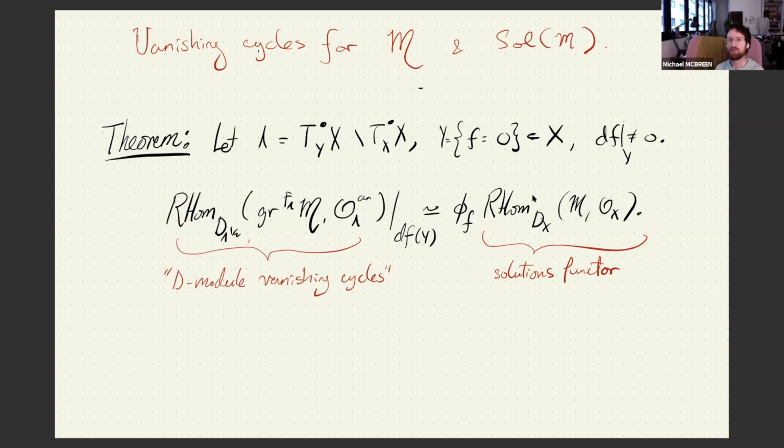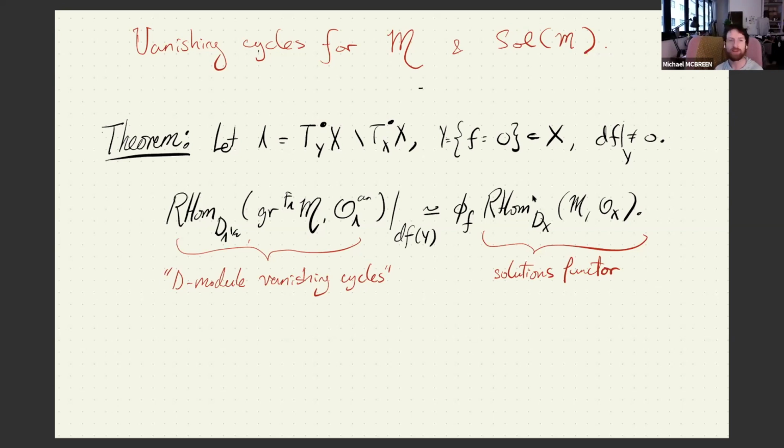And so, given such a thing, there are two things you could do. You could take the solutions of M, which is a constructible sheaf. That's the right-hand side of this equation. And you could take vanishing cycles of that constructible sheaf along Y. So that is a constructible sheaf on Y. Or you could instead do what we just did.